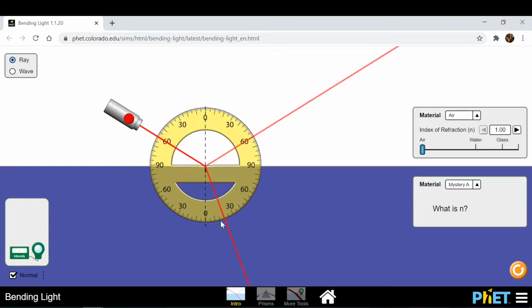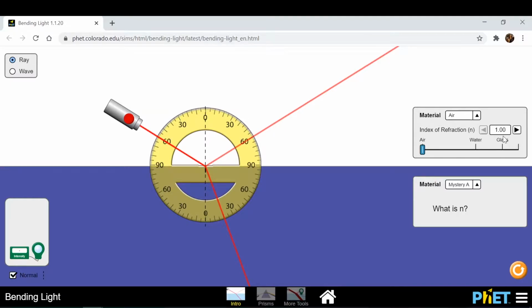Now, these indices of refraction that are given, we can consider those to have uncertainty of 0. So the index of refraction for air is 1.00, plus or minus 0 uncertainty.